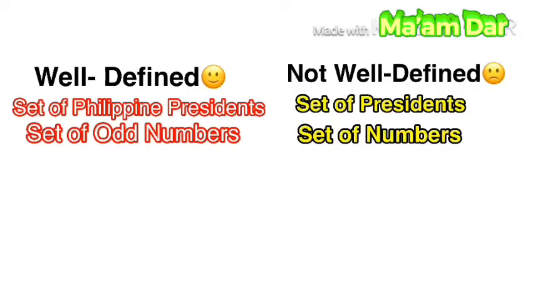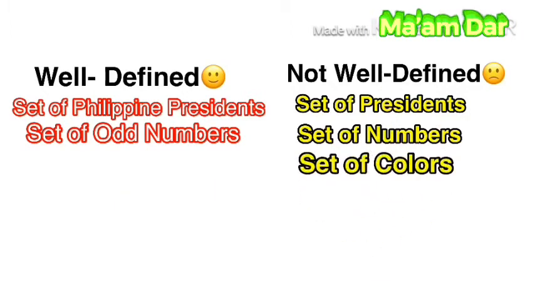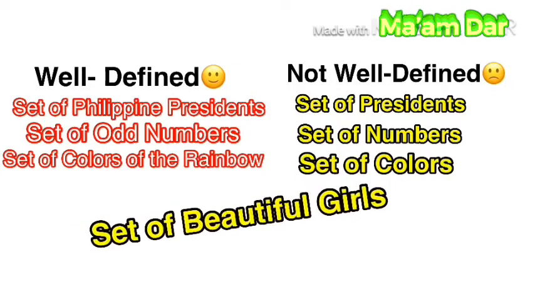Kung mayon kag the set of colors, that's still not well-defined. Kay unsa man nga color. Pero if mayon kag the set of colors of the rainbow, kabalo ta unsa ang mga colors sa rainbow. Kabalo ta unsa member ana nga set. So set of colors of the rainbow is a well-defined set. Also, kung mayon kag the set of beautiful girls, well-defined na dili.